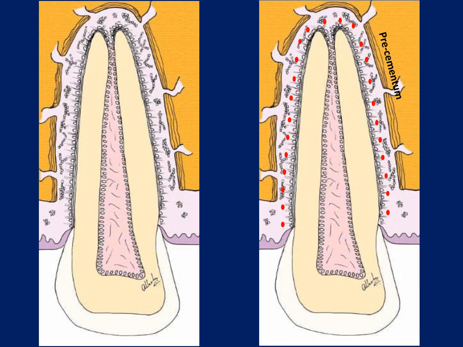The outer layer is the pre-cementum, whereby it prevents the osteoclasts from entering and eating away the root dentine. And in the pulpal region, we've got predentine, whereby it is protecting the dentine from odontoclasts.